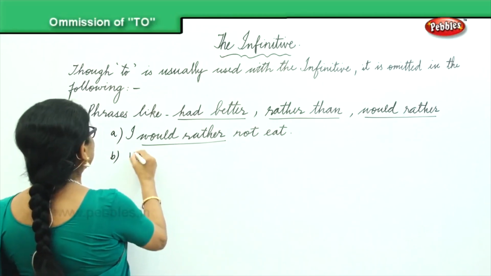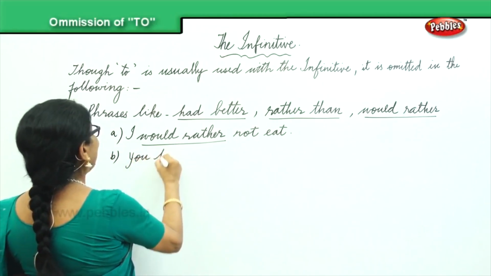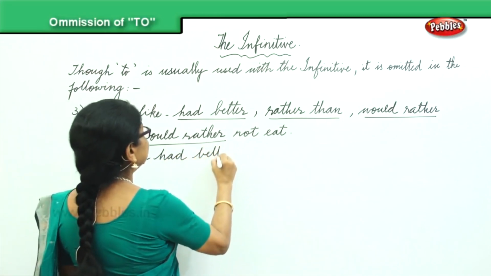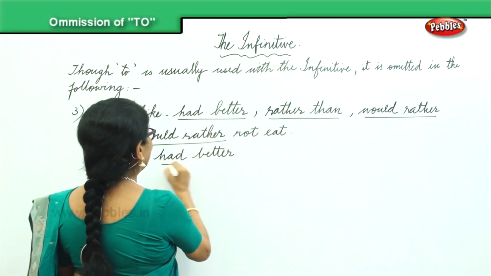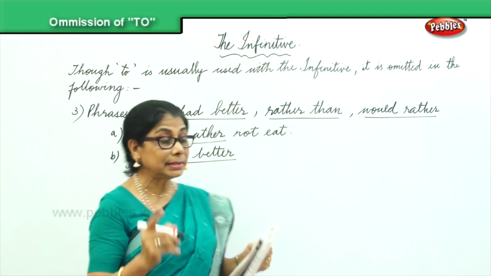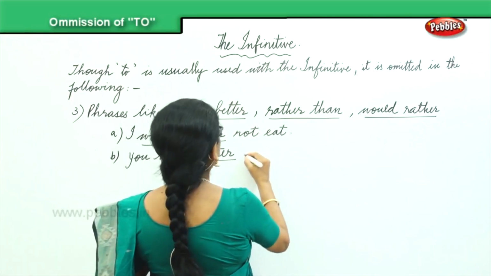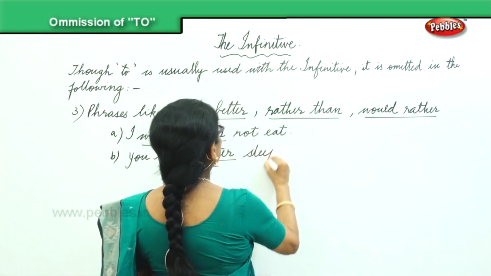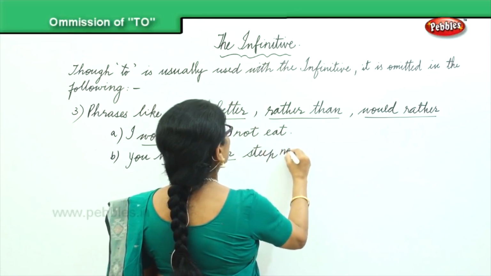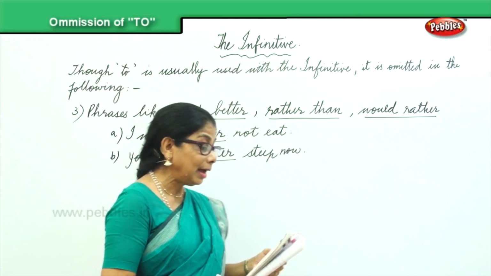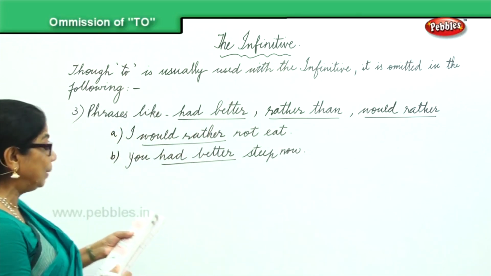You had better. You had better sleep now. You're not well, you had better sleep. You had better sleep now. Okay, so now, I rather go home than be here.